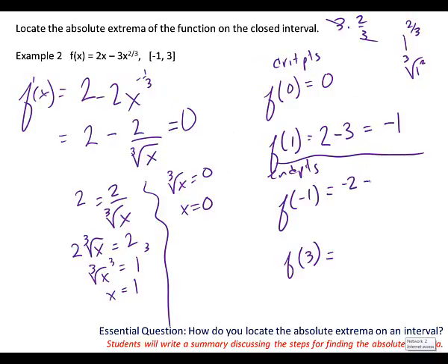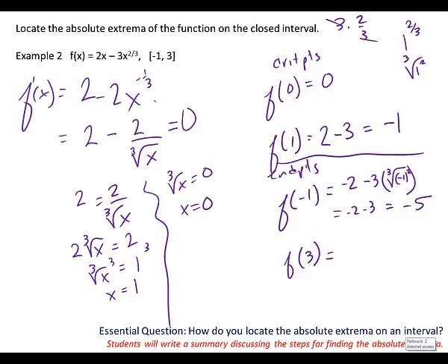So let's think about what that really is. 2/3 power is really the cubed root of -1 squared, isn't it? We talked about that here. So what's -1 squared? 1. What's the cubed root of 1? 1. So really, don't I have -2 minus 3, which equals -5. Good. It wasn't as bad as it seemed.